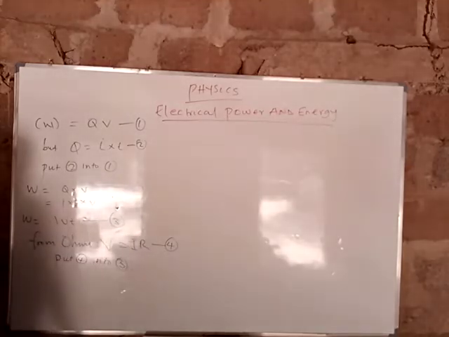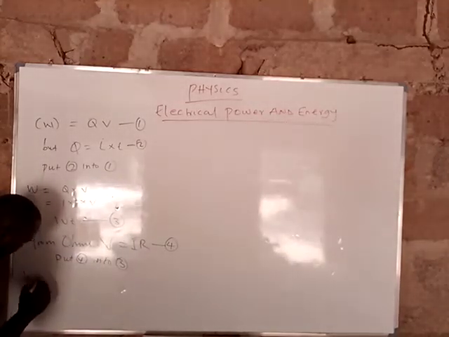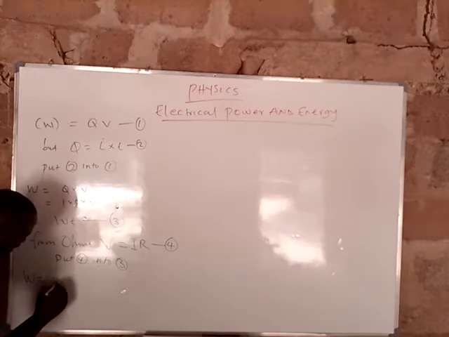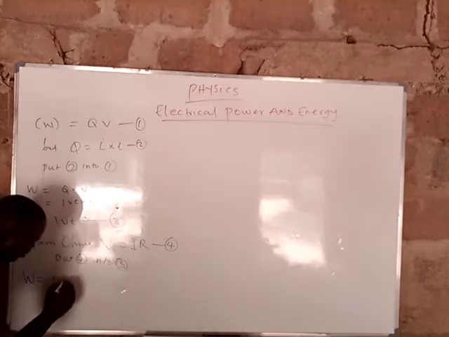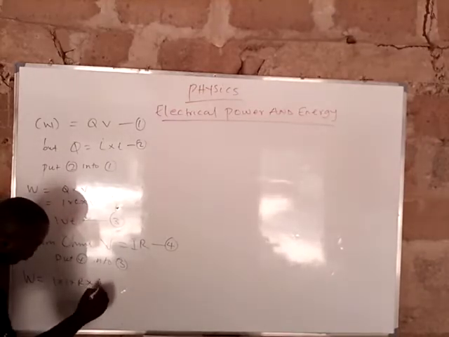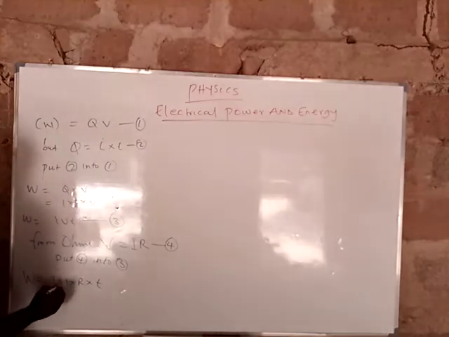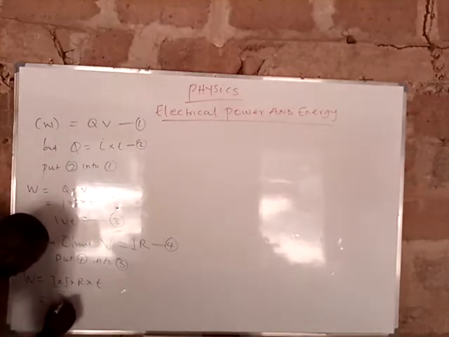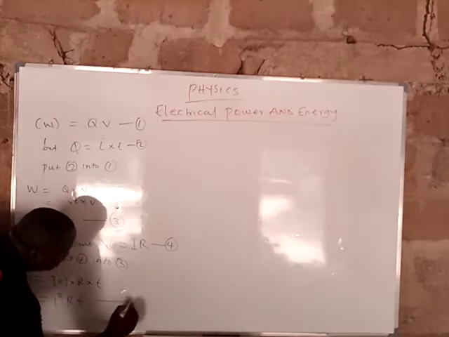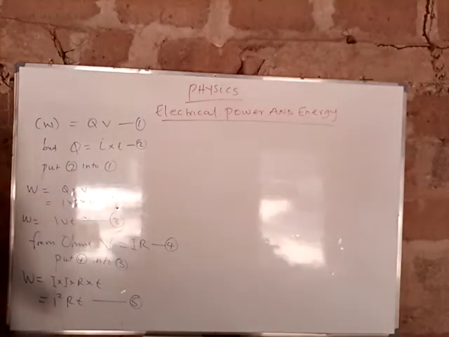I times R. So this will give me I times, rather than putting V, I will replace it with I times R times T. So remember, we now have 2 currents. So this will give me I square RT. And this is equation what? 5. So electrical energy is I square RT.